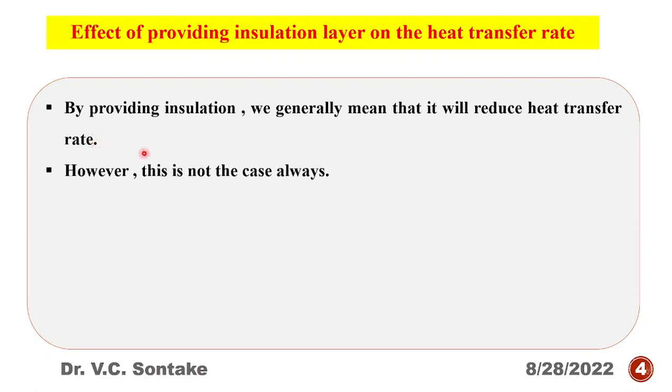However, this is not the case always. In some cases, it is quite possible the insulation, from its very nature, is used to reduce or to prevent heat transfer rate or heat loss rate from the body over which it is provided.